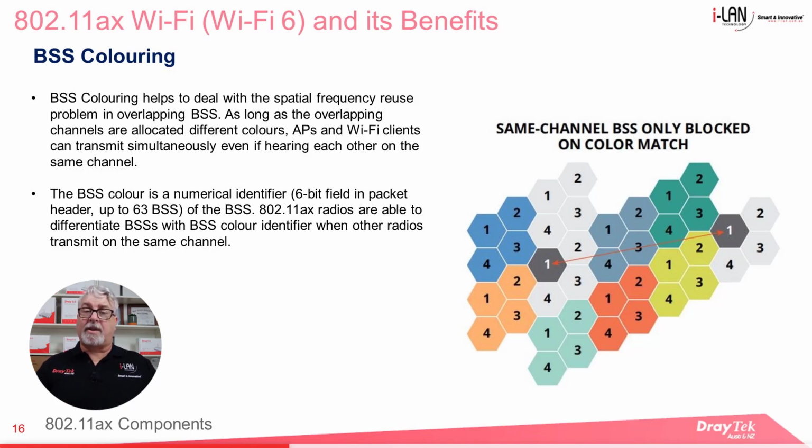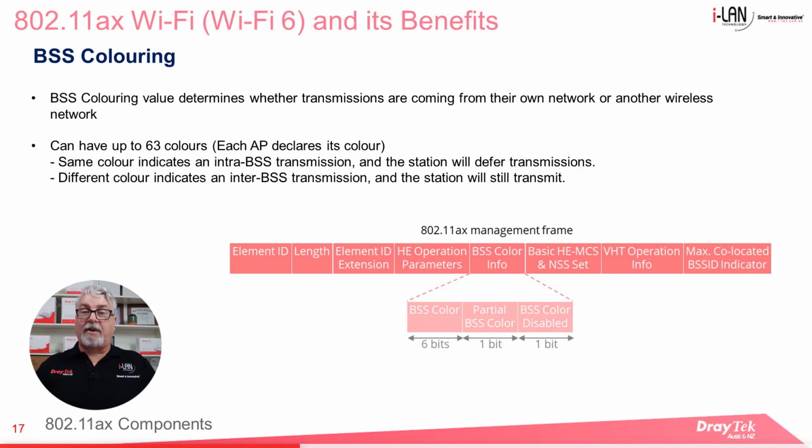The BSS colour doesn't mean you'll be seeing colours somewhere, it's just a numerical identifier that is a 6-bit field in the packet header, which allows 802.11ax radios to differentiate BSSs with a colour identifier when other radios transmit on the same channel. The BSS colouring value determines whether transmissions are coming from their own network or another wireless network.